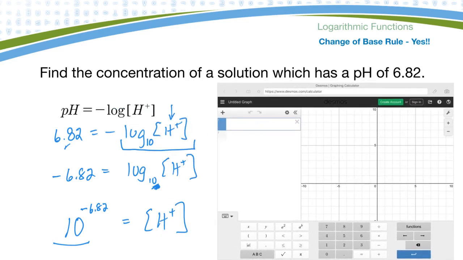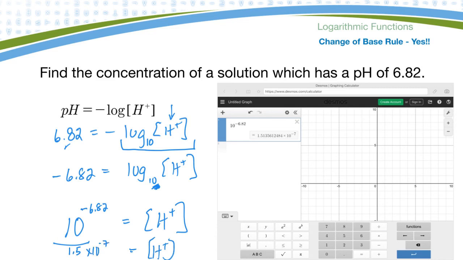Okay, so I've got 10 to the power button, negative 6.82. There we go. So my answer is the hydrogen ion concentration is equal to 1.51. Oh, I think it'd just be 1.5 times 10 to the minus 7 moles per liter.